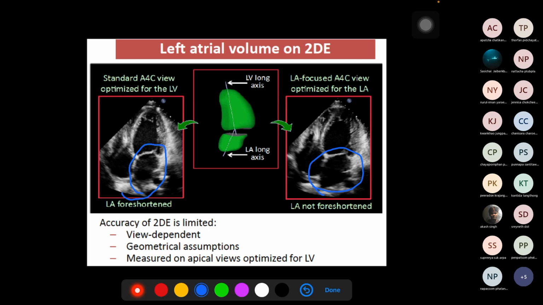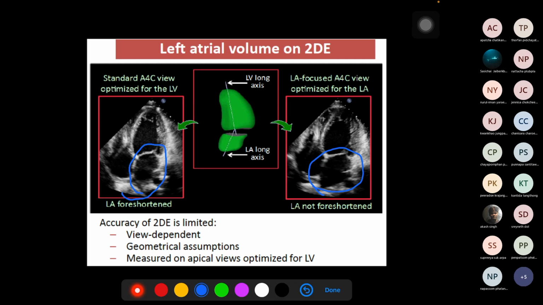If you get the wrong picture of the apical 4-chamber or apical 2-chamber view, you might get an incorrect picture to trace the volume of the LA. So this is important.